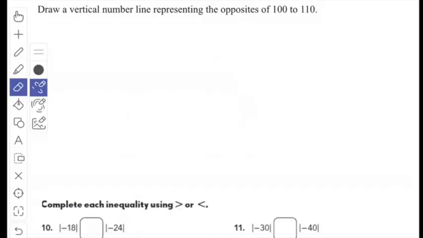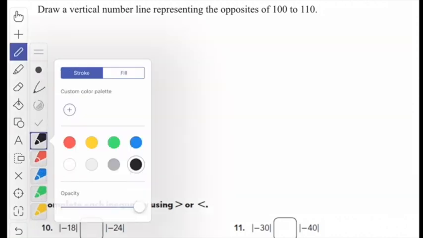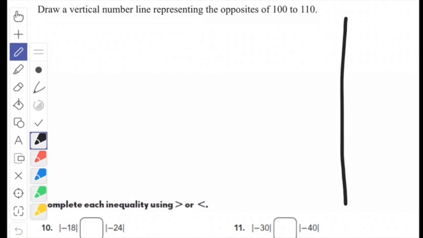All right, boys and girls, we're going to draw a vertical number line representing the opposites of 100 to 110. So first of all, I'm going to start a vertical number line. Okay, so we draw a vertical number line. I'm just going to go down here because I know it's going to be hard to fit. Next it says opposites, so that's our keyword.